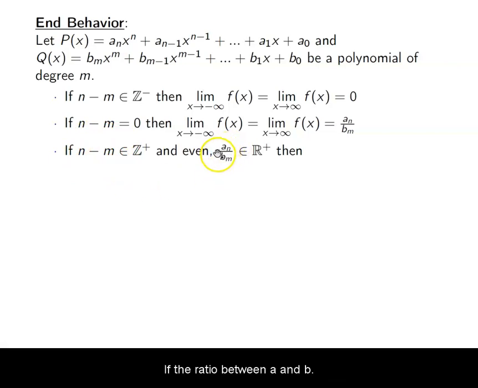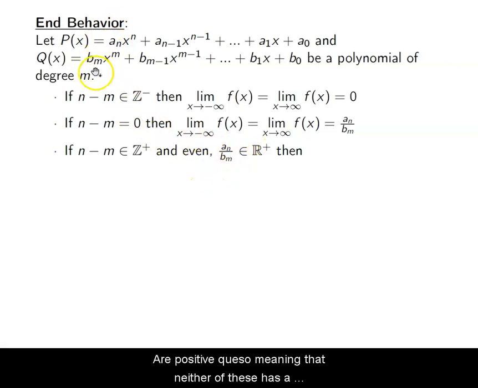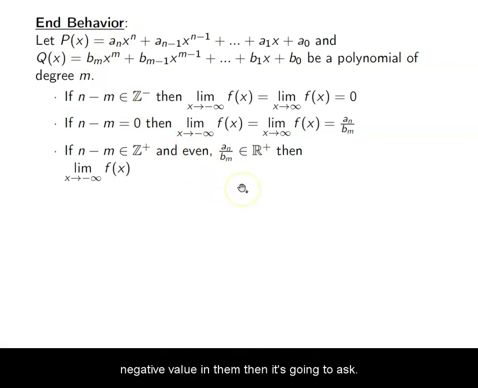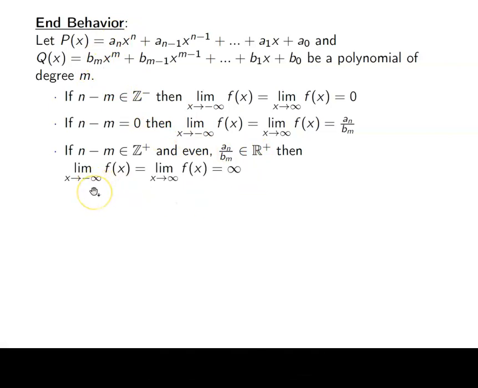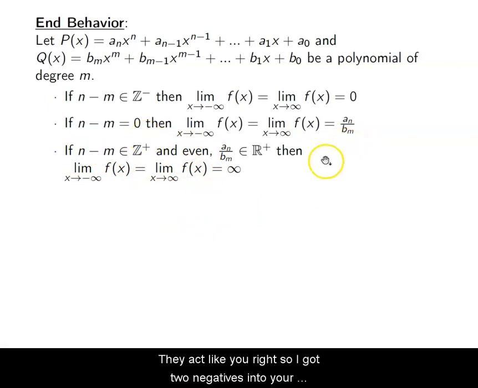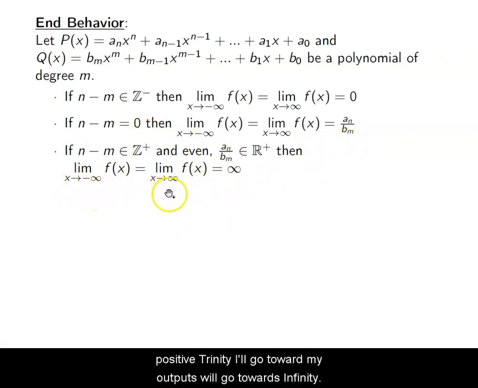So again, if the ratio between A and B is positive, meaning that neither of these has a negative value in them, then it's going to go to infinity, okay? And that's only if it's even, because what do even polynomials do? They act like U's, right? So as I go to negative infinity or positive infinity, my outputs will go towards infinity, right?